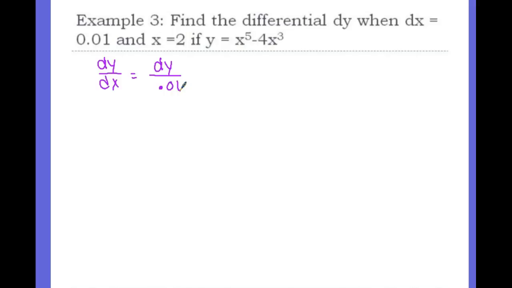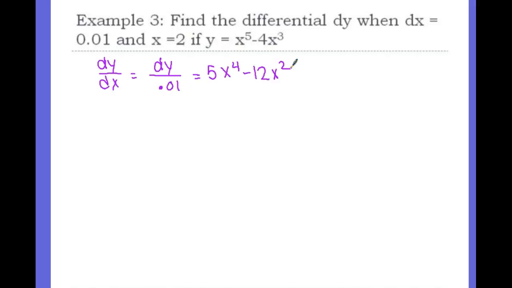If y equals x to the 5th minus 4x cubed, remember, dy/dx represents a derivative, so dy/dx has to equal the derivative. What's the derivative? Well, it's 5x to the 4th minus 12x squared.